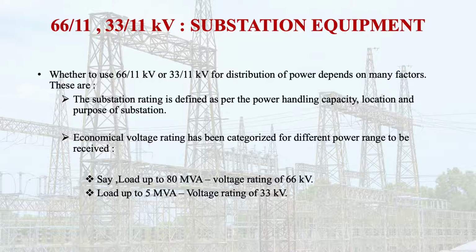Like, say, for load up to 80 MVA, a voltage rating of 66 kV can be used. Then for load up to 5 MVA, a voltage rating of 33 kV can be used. If we increase the voltage level, the substation can handle more power. If we decrease the voltage level, the substation will handle less power.